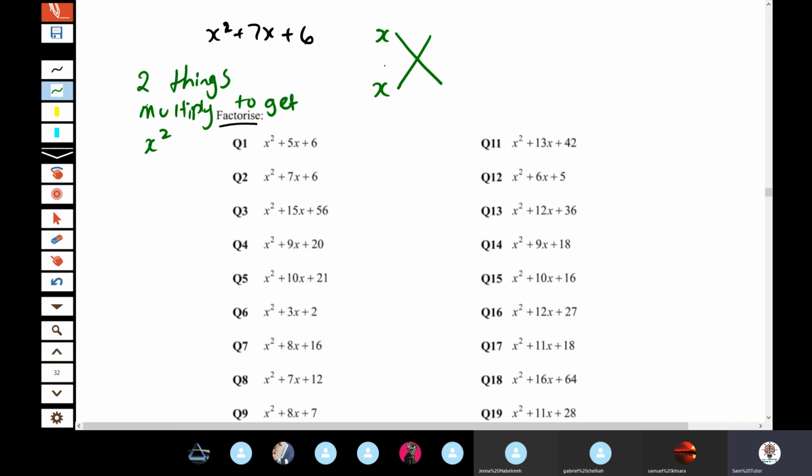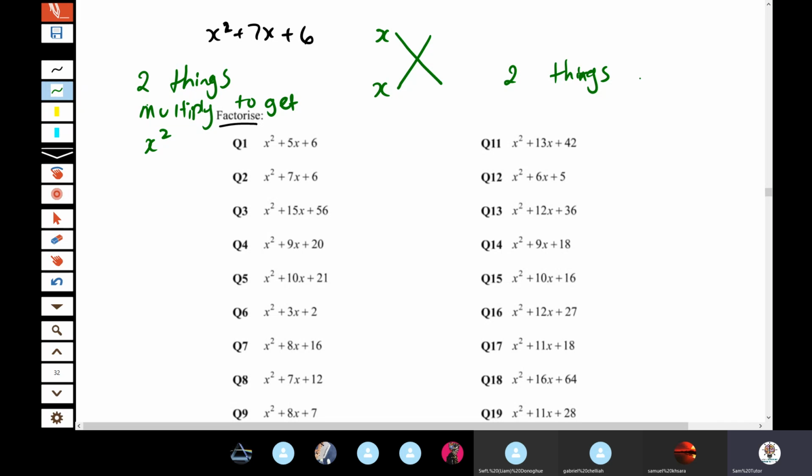So x times x is x squared. Does that make sense? What's 2 things that multiply to get x squared? That goes in the first section, right? In the second section here, it's what 2 things multiply to get 6. I like to say things because it's not always just numbers.